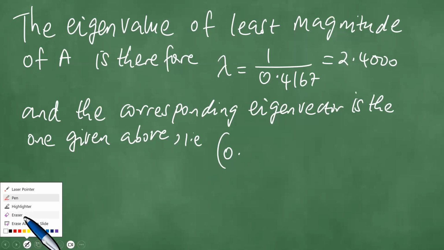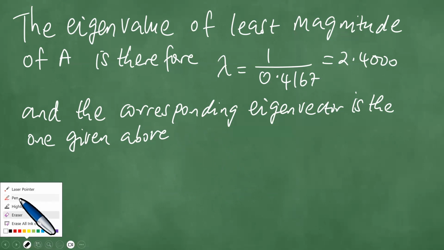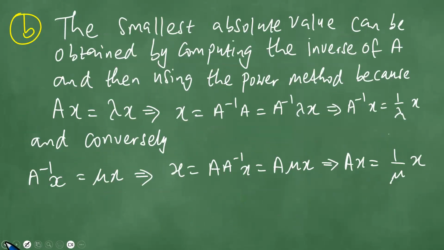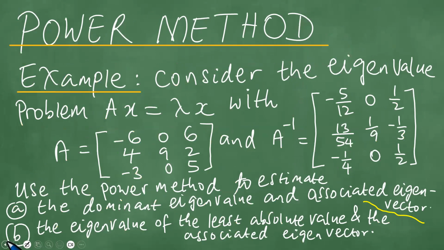Okay, let's just say it's most certainly the one given above. It's enough because we've already stated that. But my point is, we have been able to answer this question. What is the question?